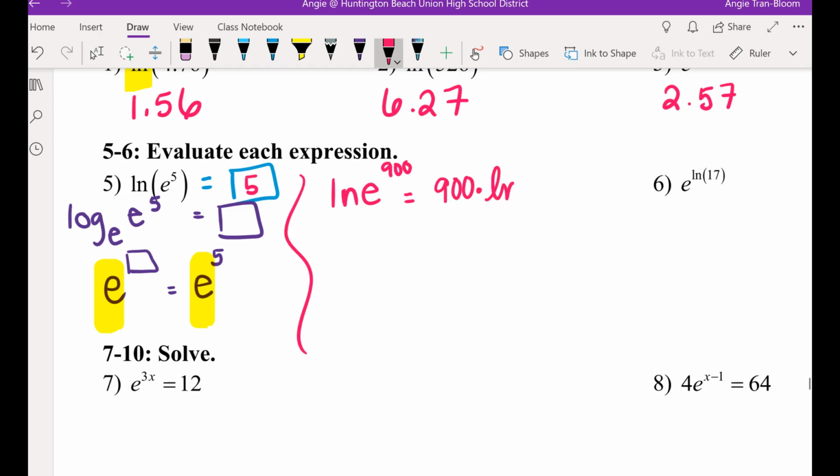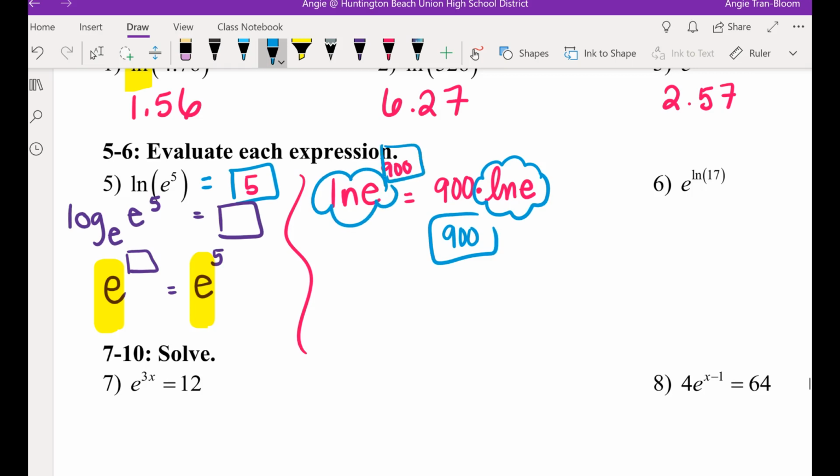So this is really technically like this, right, class? You guys just discovered ln of e is always what? 1. So 900 times 1, it's always 900. So from now on, if you see ln of e, do you need to do any work? No, you know the answer.